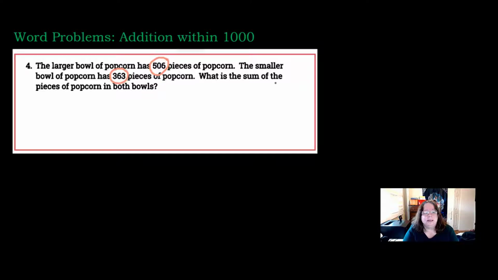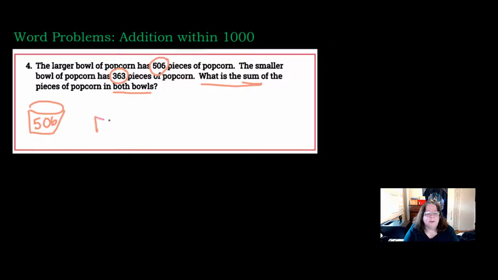What is the sum? That is what the problem is asking. What is the sum of the pieces of popcorn in both bowls? So we've got one bowl of popcorn, 506 pieces.